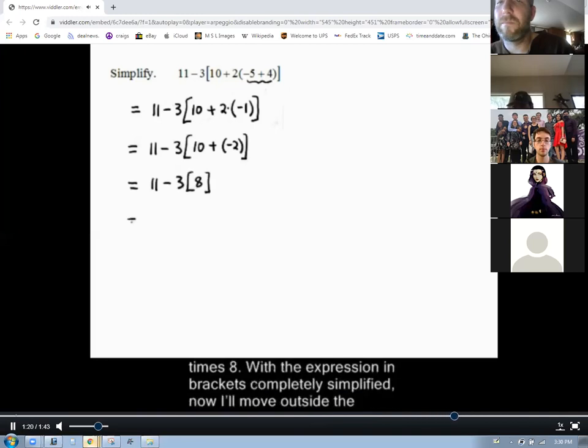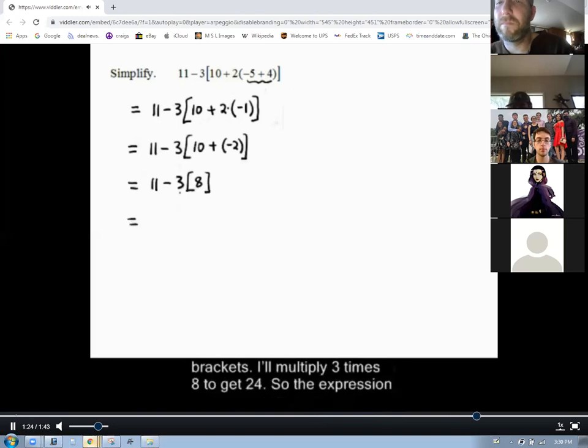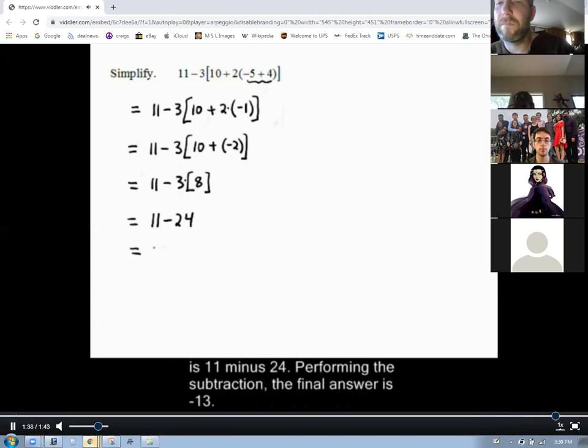With the expression in brackets completely simplified, now I'll move outside the brackets. I'll multiply 3 times 8 to get 24. So the expression is 11 minus 24. Performing the subtraction, the final answer is negative 13.